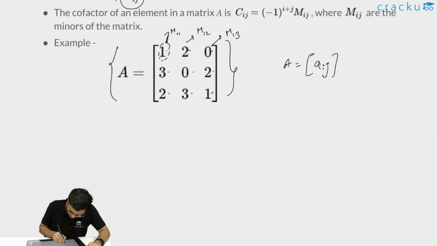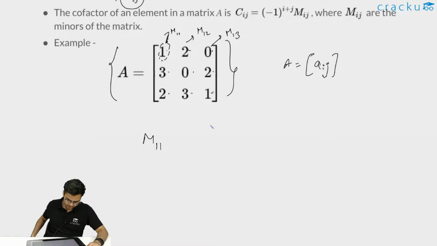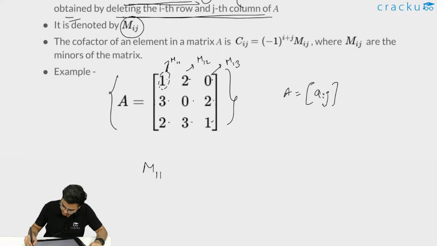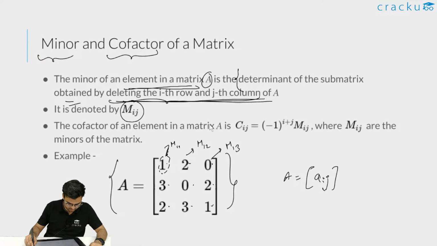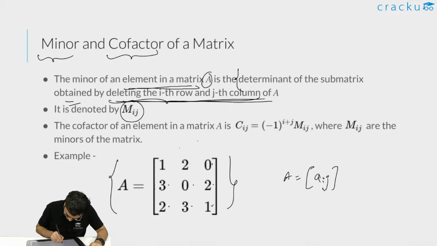Now let's see how to calculate minor, that is M11. First we'll take the minor of the first row and first column element. It is saying that you have to delete the ith row and jth column, which means you have to remove this row and remove this column.